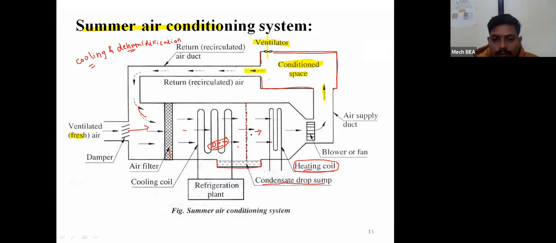So the air obtained after the diaphragm has a low temperature, and the humidity is up to the limit. With the help of the heating coil, we heat the air up to a certain limit, and that cooled and dehumidified air will be supplied to the conditioned space with the help of this blower or fan.